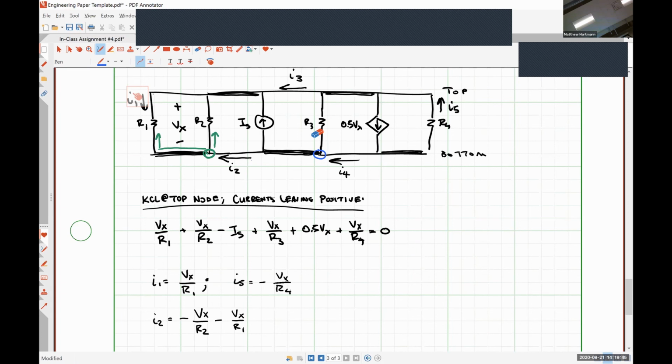So at this subnode, we said that I2 was positive. We could have set up the KCL equation at this node that I've circled in blue and still written an equation that will work. All right, so the easiest route here is to say that the current I4 is leaving the node that I've circled in blue, and that this current and this current are entering.